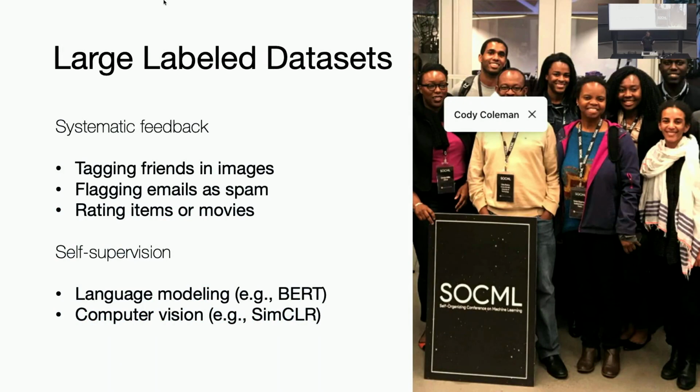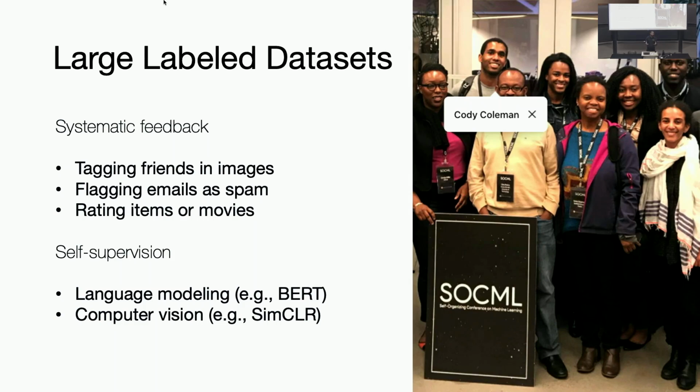So for example, we might have people tagging friends in images. You might also have people flagging emails as spam, where you're just generating a tremendous amount of labeled data from people all around the world using the system. It could be rating items or movies on a website like Netflix.